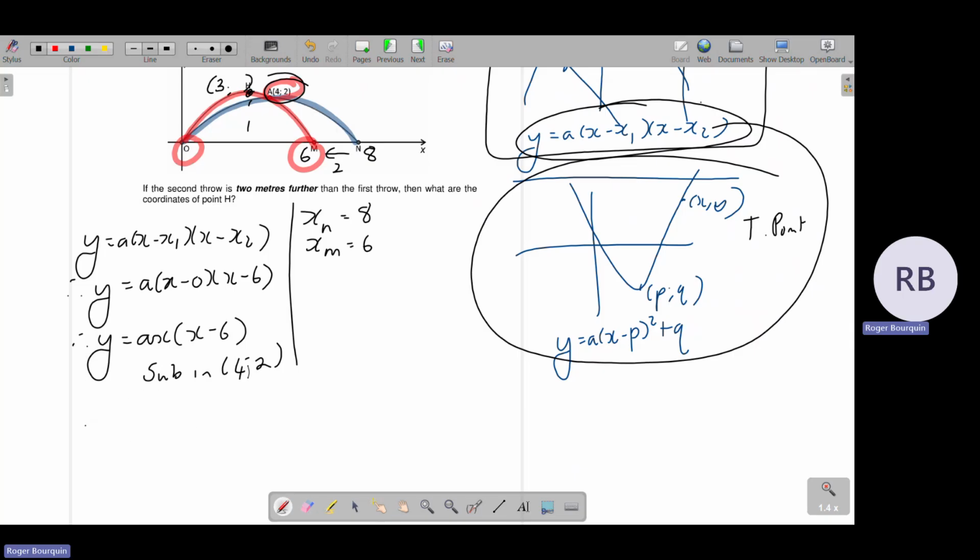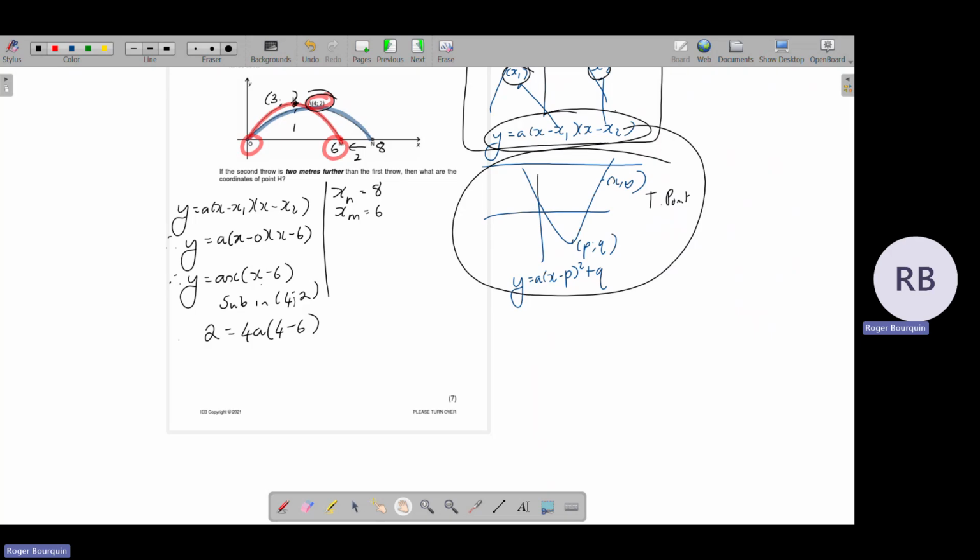So 2 = 4a(4 - 6), so 2 = 4a times negative 2, so 2 = -8a. Divide by negative 8: a = -2/8, in other words, a = -1/4.